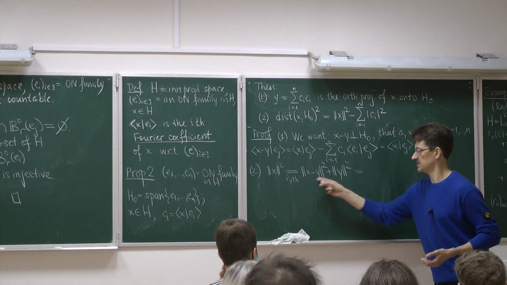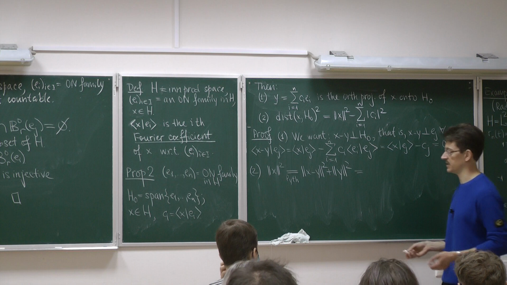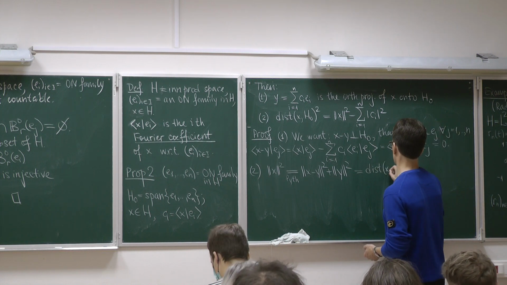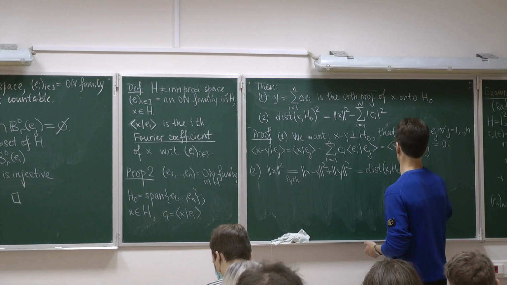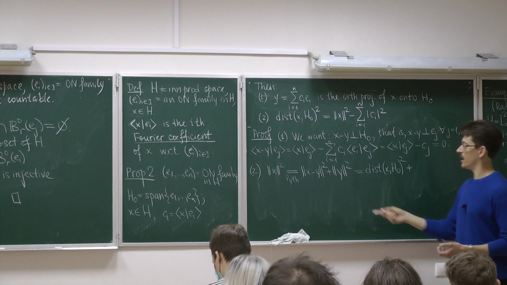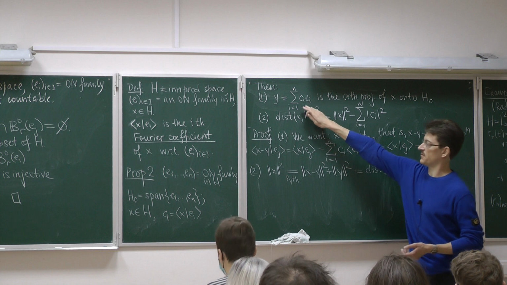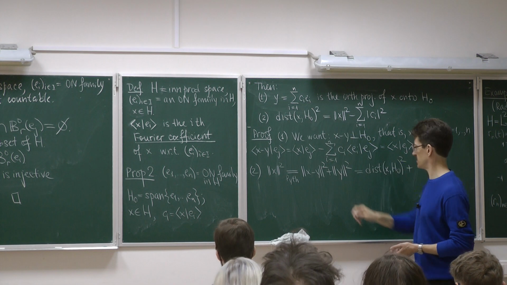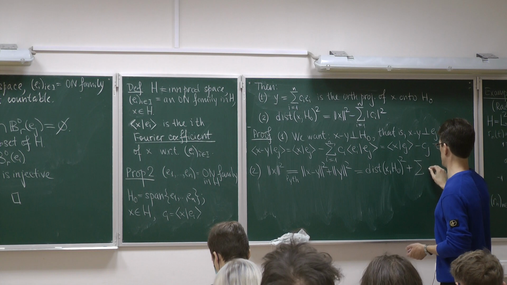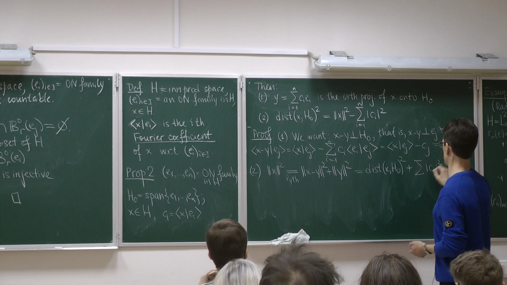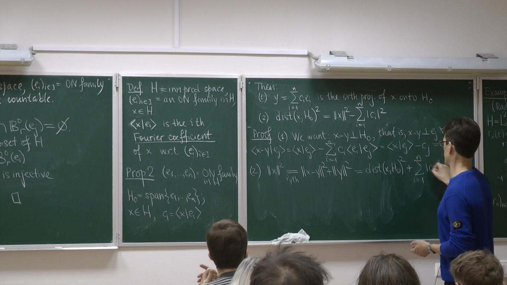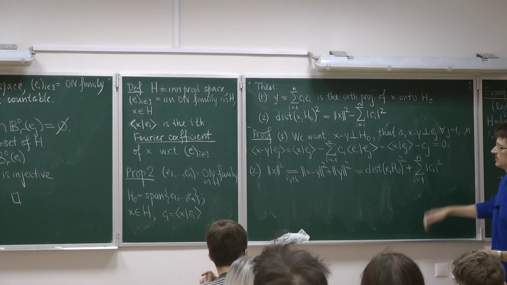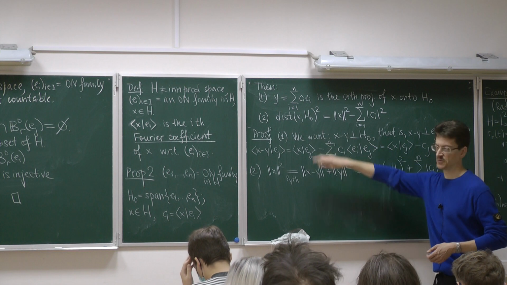So this is precisely the distance between x and H_0 squared. And the norm of y is also calculated by the Pythagorean theorem. So this formula, together with the Pythagorean theorem, implies that the norm of y squared is the following sum. So this is equivalent to the second part of our proposition.